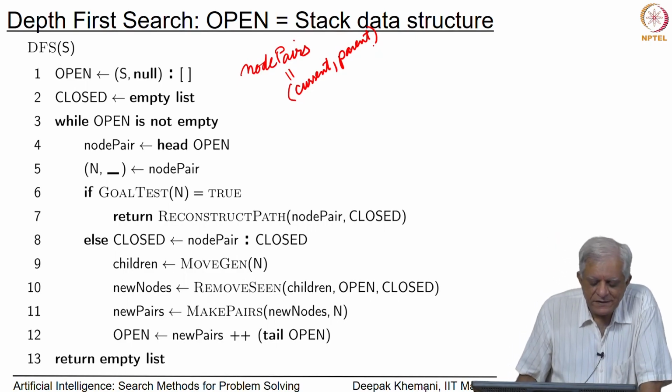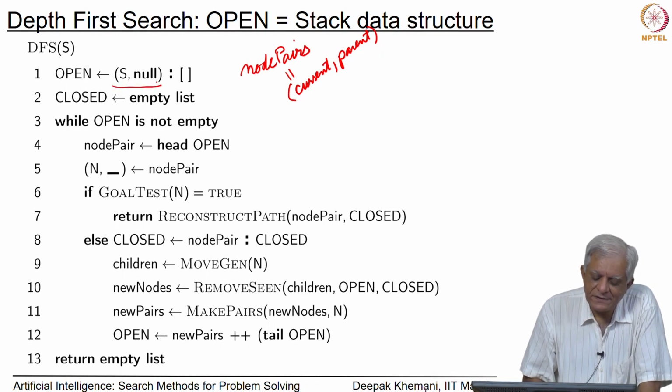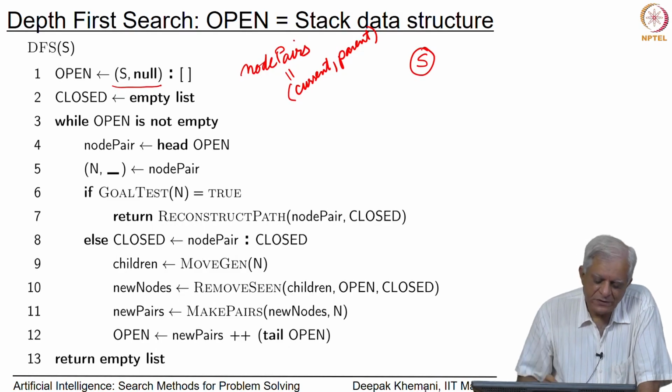We start with creating the first node pair. The first node pair that is available to us is the start node. So, if you look at the state space, this would be a start node and it would have some children and so on and so forth.